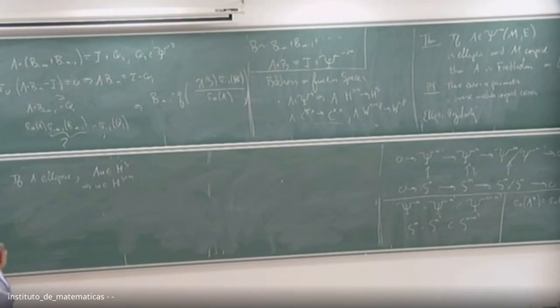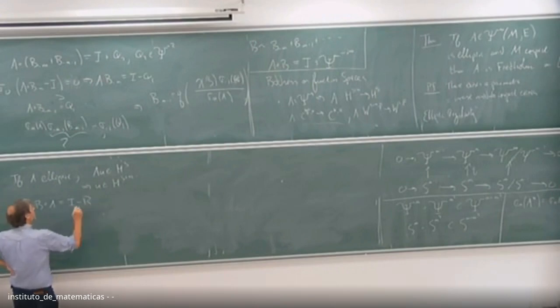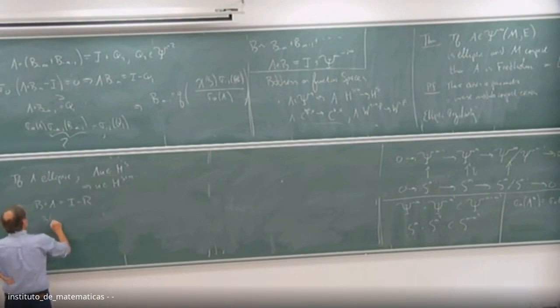Okay. How do I prove this? Well, I use the parametrices in the opposite order. So what I have here is I apply this to A of u, so I'm going to have u equal to B of A of u plus R of u.